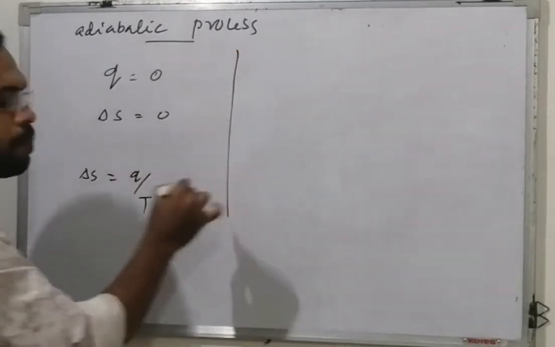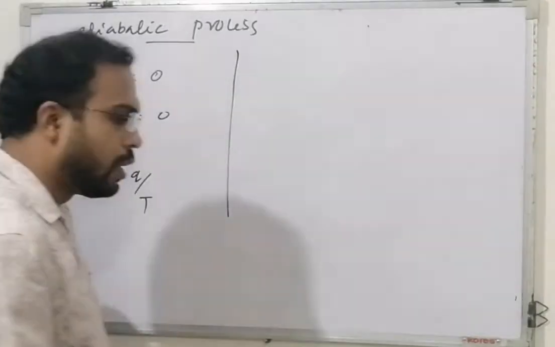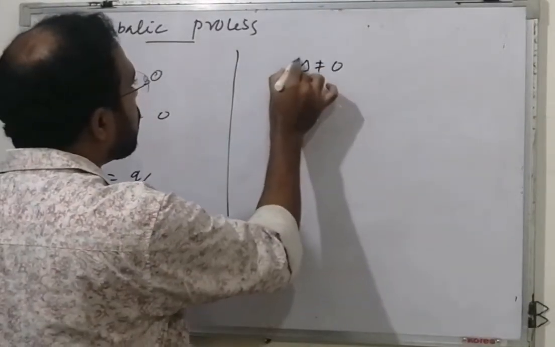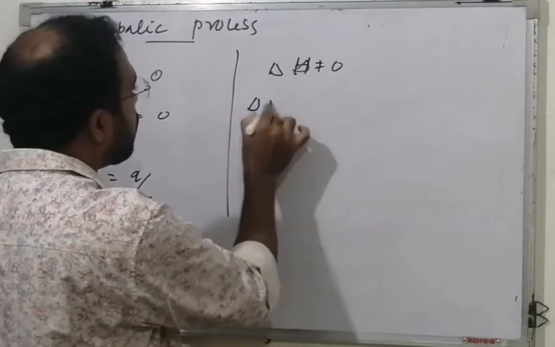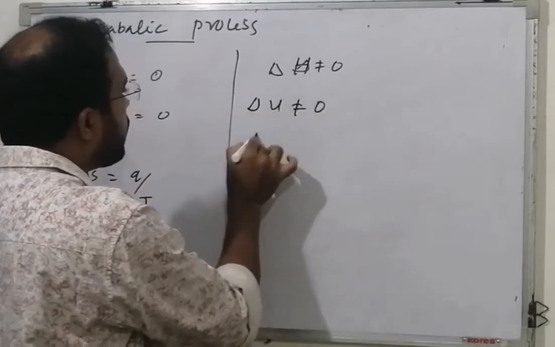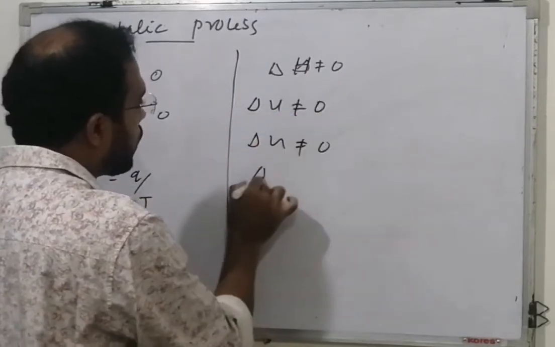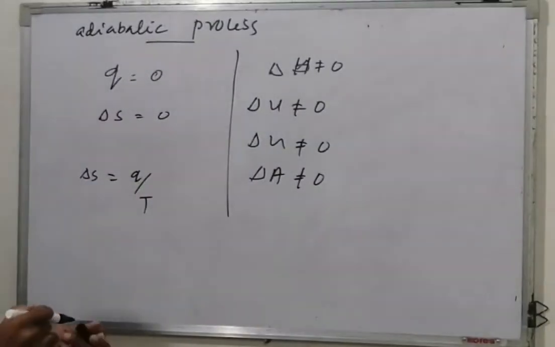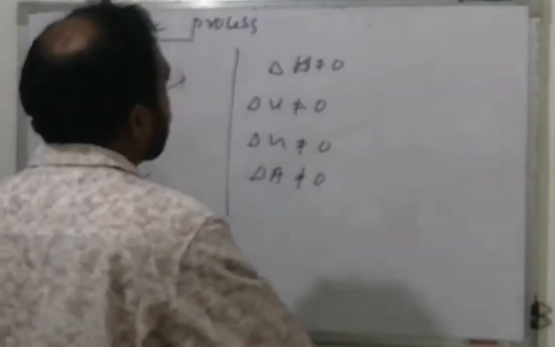But you have some quantities which are not equal to 0. What are they? Delta H not equal to 0. Delta U not equal to 0. Delta G not equal to 0. Delta A, Helmholtz free energy, not equal to 0. What is delta H?